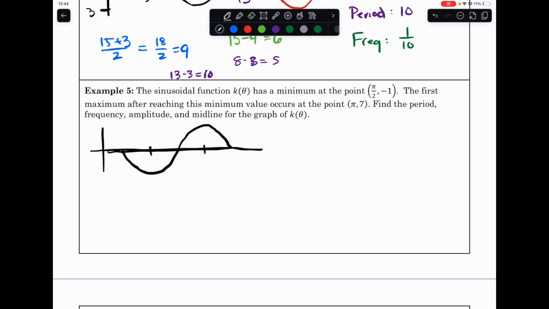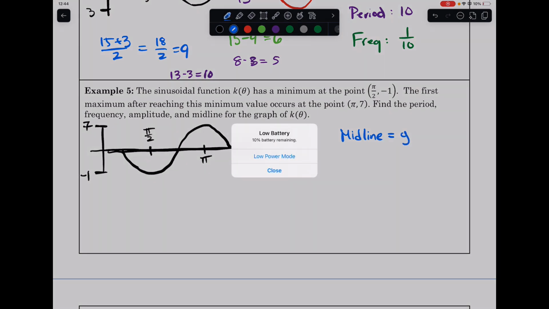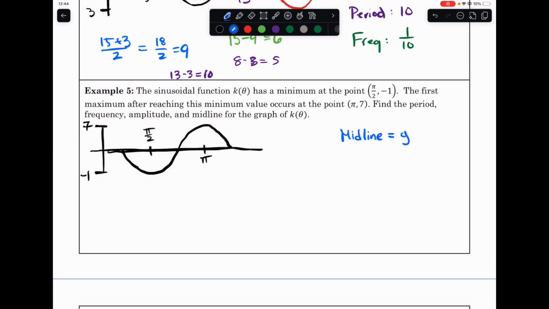So our minimum is occurring at pi over 2, and that minimum value is -1. And our maximum occurs at pi, and that has a y value of 7. So our midline right here would be the middle between those two values, which is 7 plus -1 divided by 2, which is equal to 3.